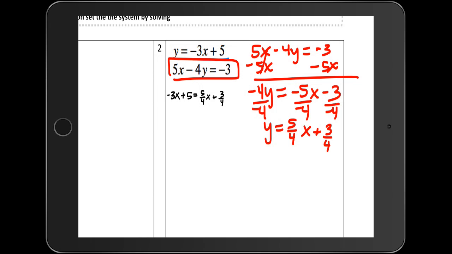And then at this point, I see there's a fraction there. I want to get rid of the fraction. In order to get rid of the fraction, I should multiply by the denominator of the fraction. The denominator of the fraction in this problem is 4. That's why I'm going to multiply both sides of this equation by 4 completely.